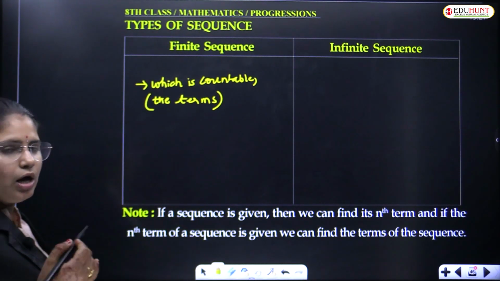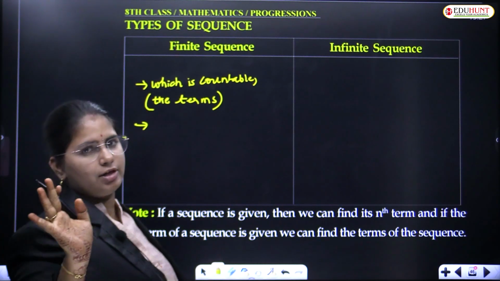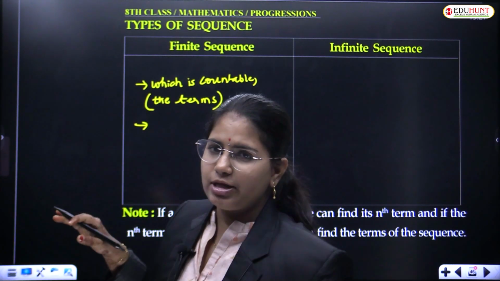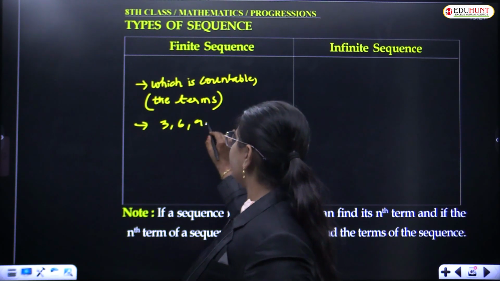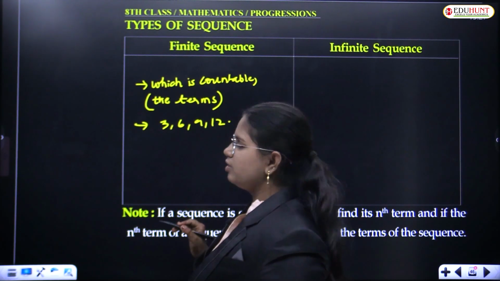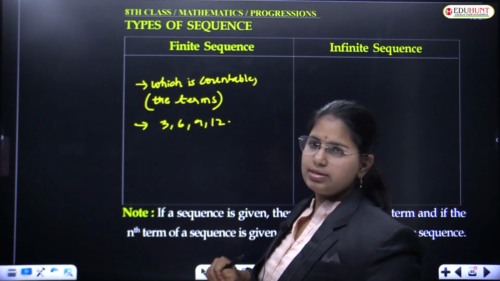In a finite sequence we will have a last term. The best example of a finite sequence is 3, 6, 9, 12 and full stop. This is nothing but a finite sequence.